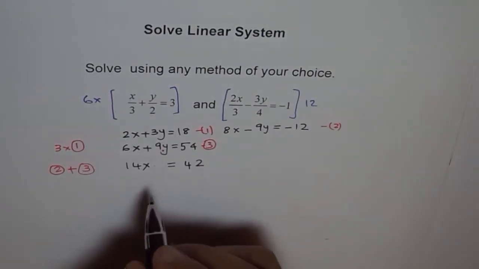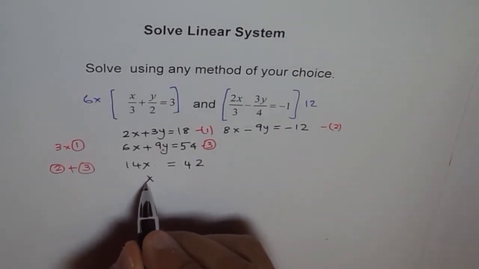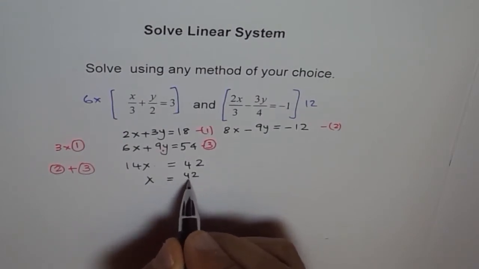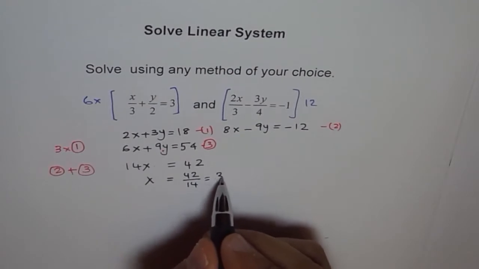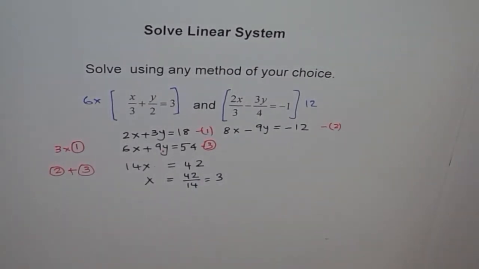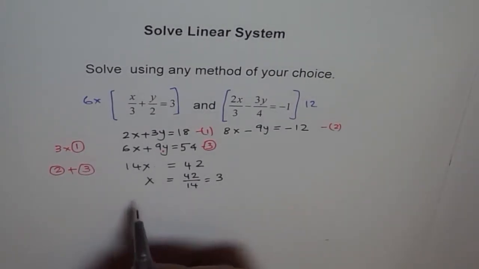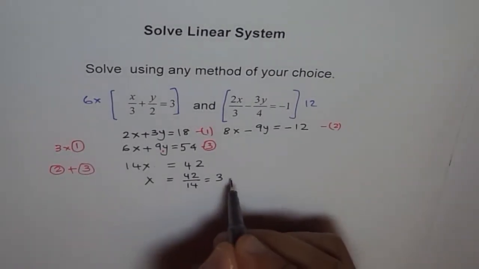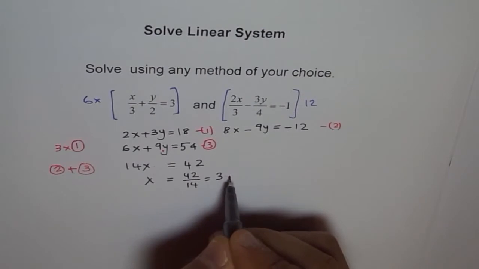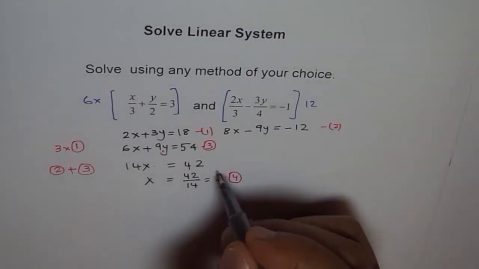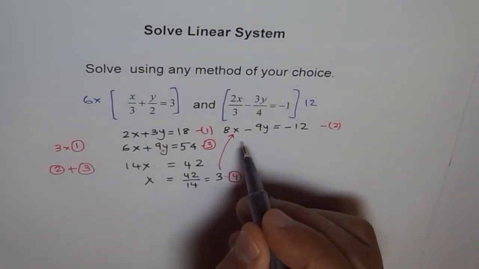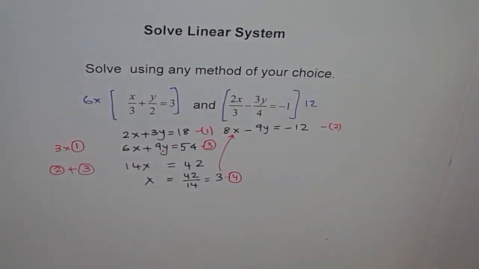That's what we get. Therefore we can divide by 14 and we get x equals 42 divided by 14, which is 3. So we got x as 3. Let's call this equation 4. To find y, we will plug in this value 3 here and try to get what y is.